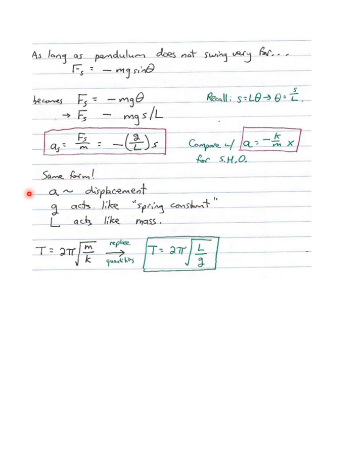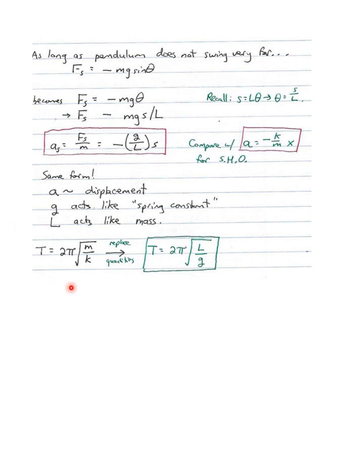So what we see is that for a pendulum, acceleration is proportional to displacement. Not just for a pendulum, but any simple harmonic oscillator. The more you displace it, the more acceleration there's going to be. For a pendulum, g, strength of gravity, acts like the spring constant. The length is acting like the mass.